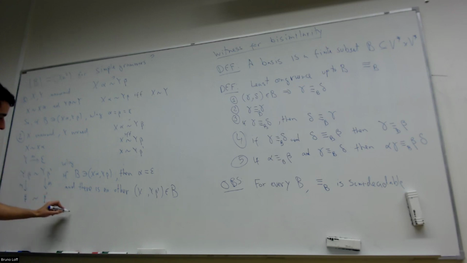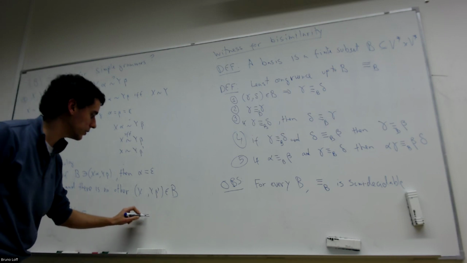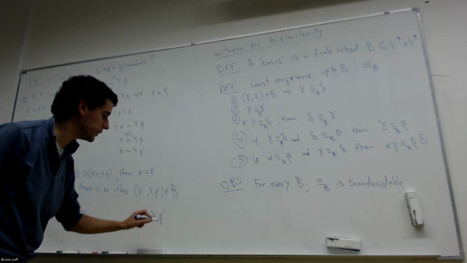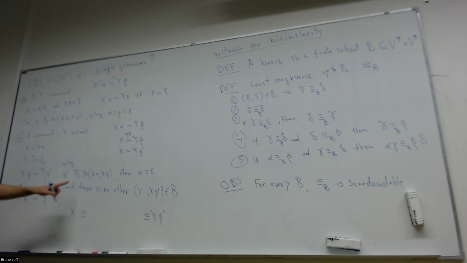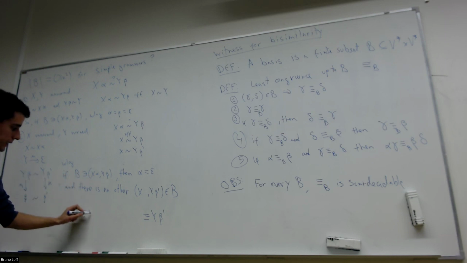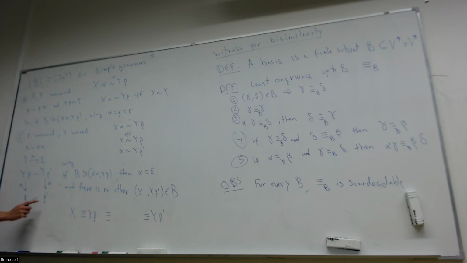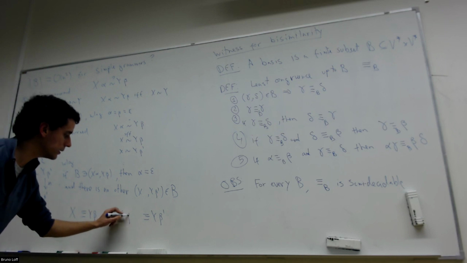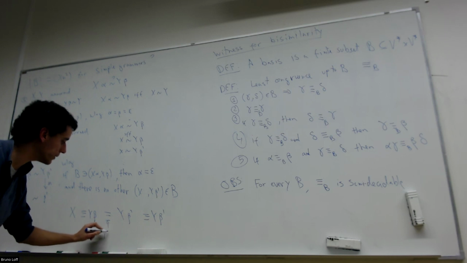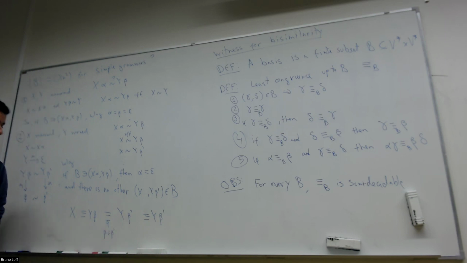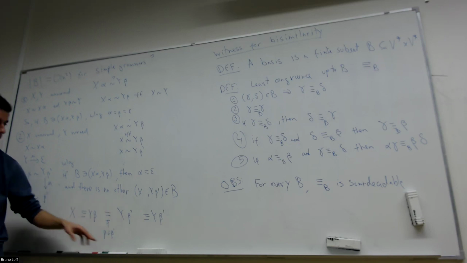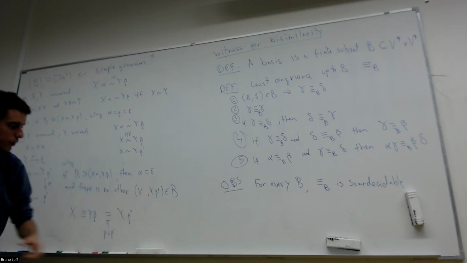Because let's say you want to prove that x is congruent to y beta prime. Because B is in your basis, you know that x is congruent with y beta. And now, because I've just proven that beta is bisimilar to beta prime, I can just replace it by y beta prime.